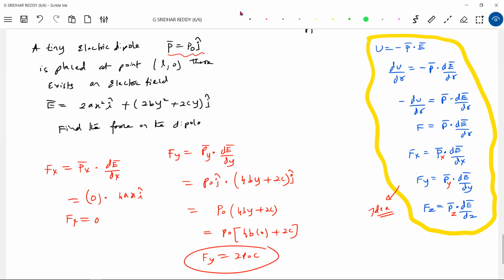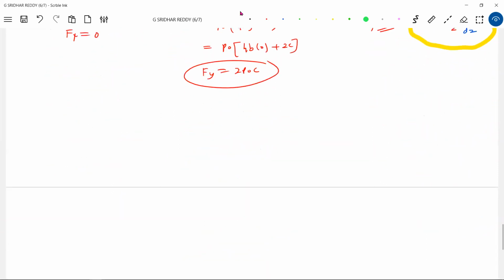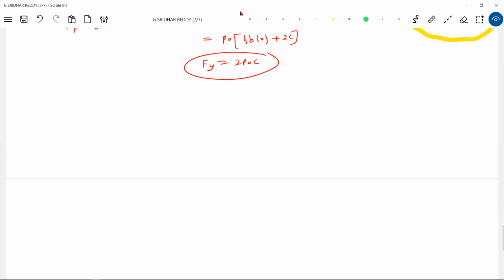Any doubt you can clarify? Similarly, instead of that, let me give the potential function. Let me write another one.